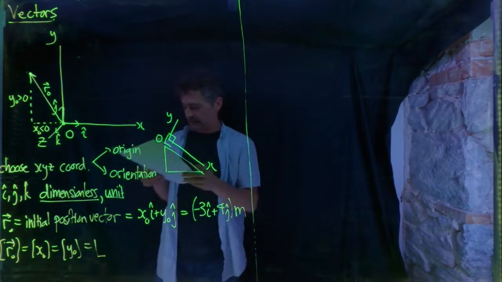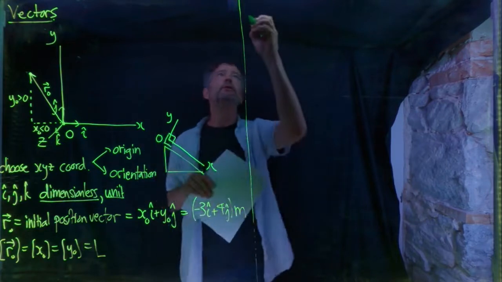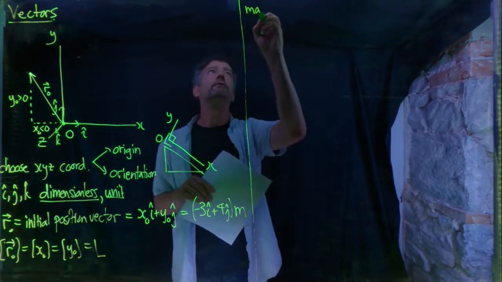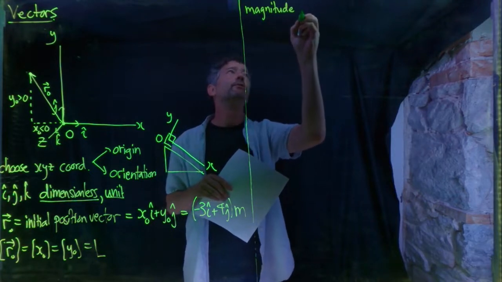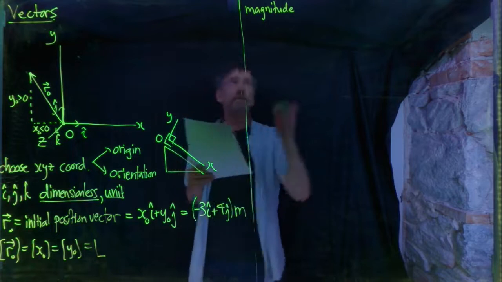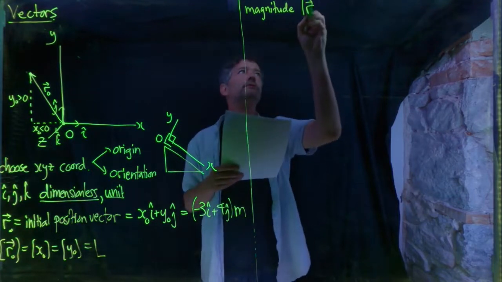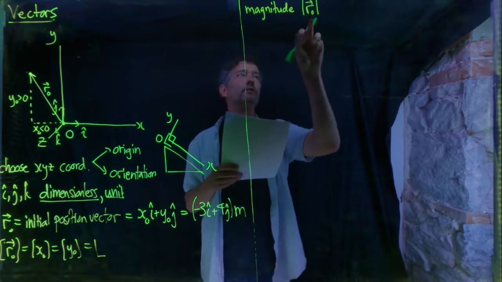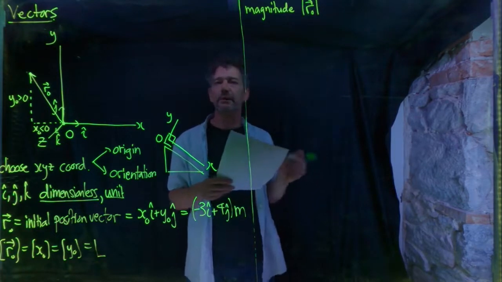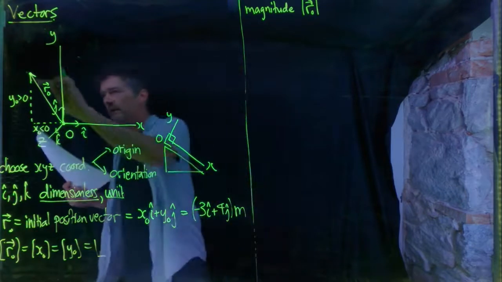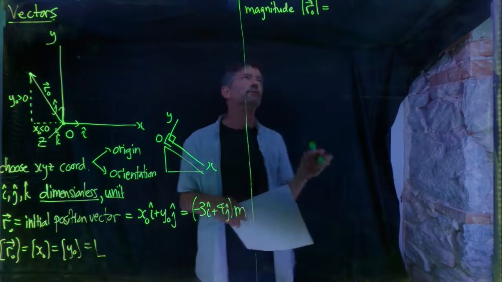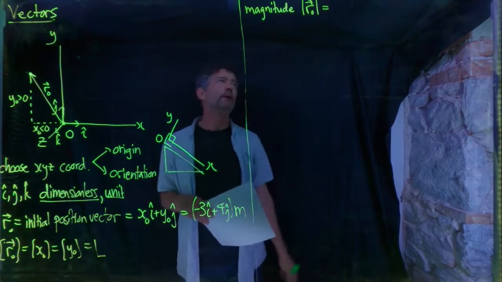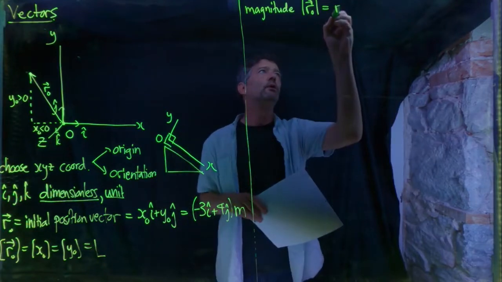Okay, and so the magnitude of a vector. So the magnitude of the vector r0, of that position vector, what you do is you take the vector r0, that's r0 with a little vector sign on top of it, and you put parallel bars around it. That indicates the magnitude or the length of that vector. Okay, and very often physicists will not use such complicated notation, and they will simply go r0.